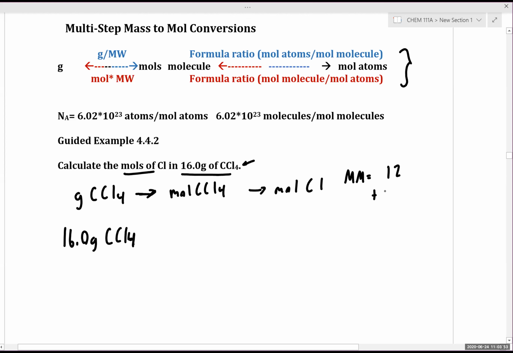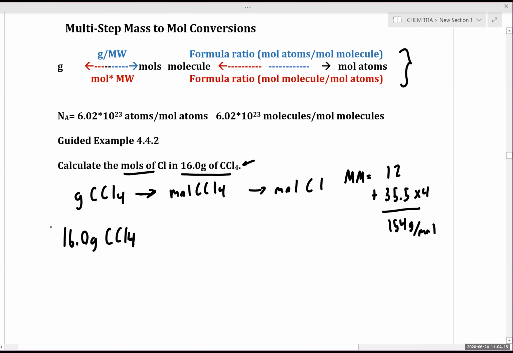So we have 12 plus 35.5 times 4. Let's do that really quickly. And that in turn gives us a molar mass of 154 grams per mole.